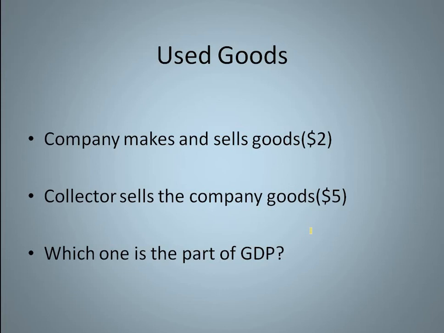The sale of the card reflects the transfer of an asset, not an addition to the economy's income. Thus, the sale of used goods is not included as part of GDP.